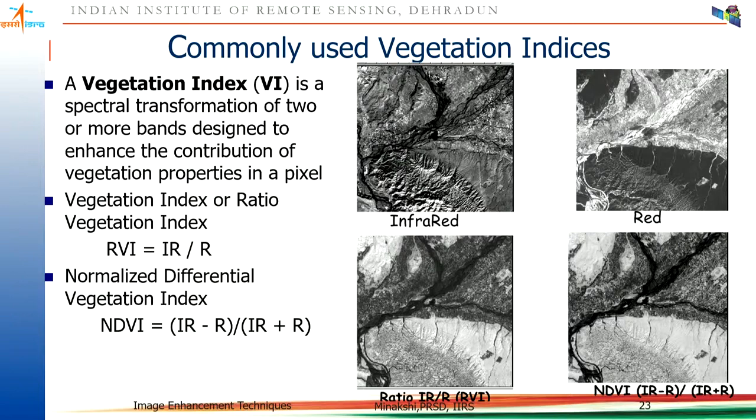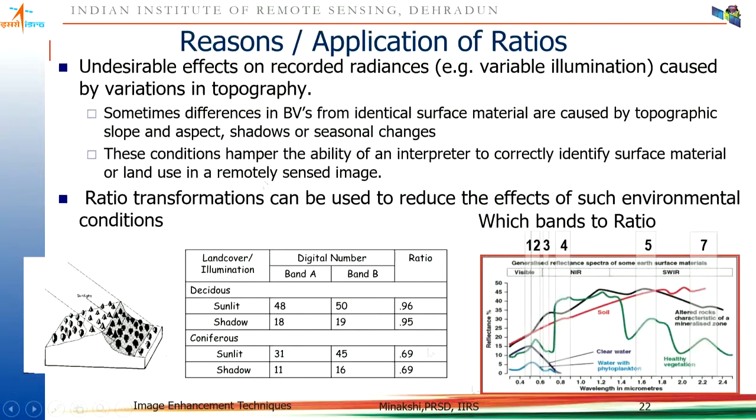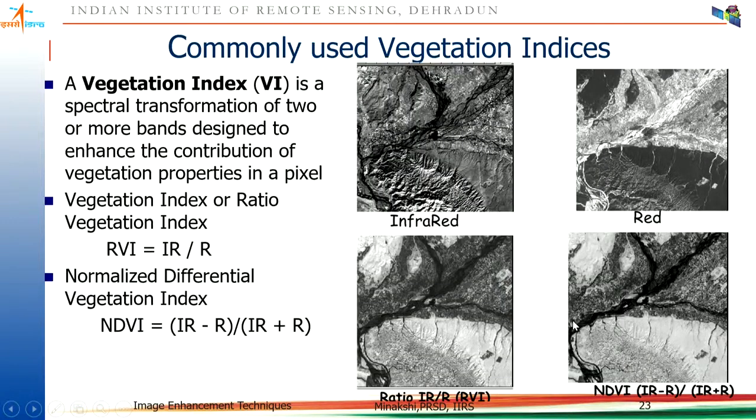That is similar to the normalized differential vegetation index. One example which I have given, the different wavelength intervals depend upon how different features reflect in different wavelengths, like water or soil or snow. You can find out ratios for different minerals and so on, by taking simple ratios and simple indices. If you see the literature, you will find a large number of indices.